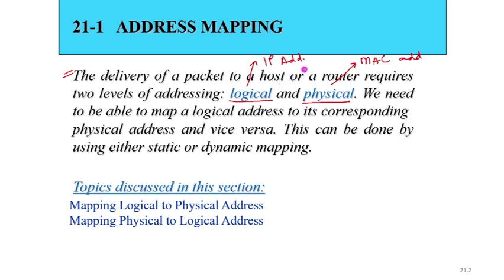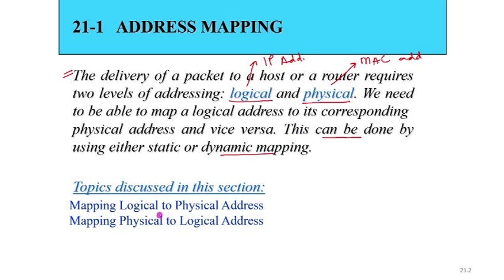We should be able to do it. Once we are able to do it, then we will be able to send the complete packet. Okay, so this can be done by using either static or dynamic mapping. We will be looking at how the mapping can be done.